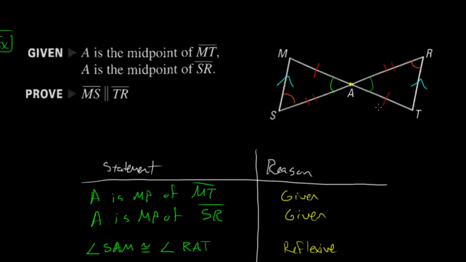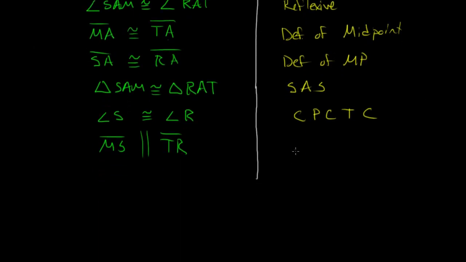And the alternate interior angles converse, AIC, right, starts with congruent angles that are alternate interior and concludes with lines being parallel. The alternate interior angles theorem would have started with parallel lines proving the angles were congruent.